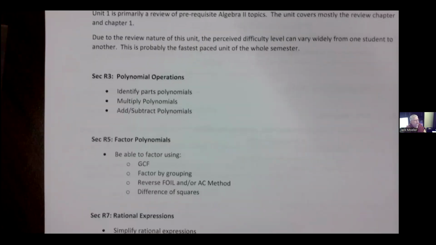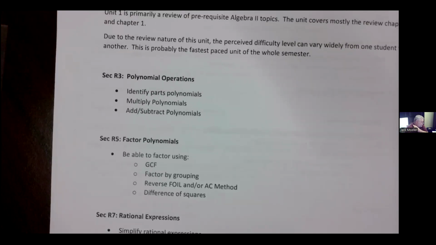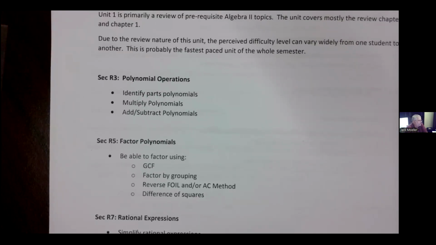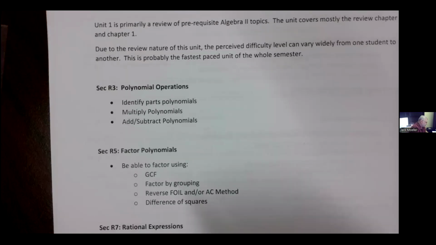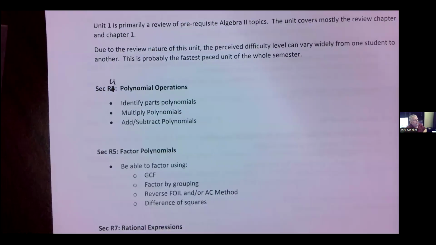All right, big picture, just as a reminder, we're still early into this unit. By now, if you have not done your polynomial operations homework, which is R4, not R3, you need to get that updated, because it's going to definitely hinder you with our trinomials today, particularly the reverse FOIL.